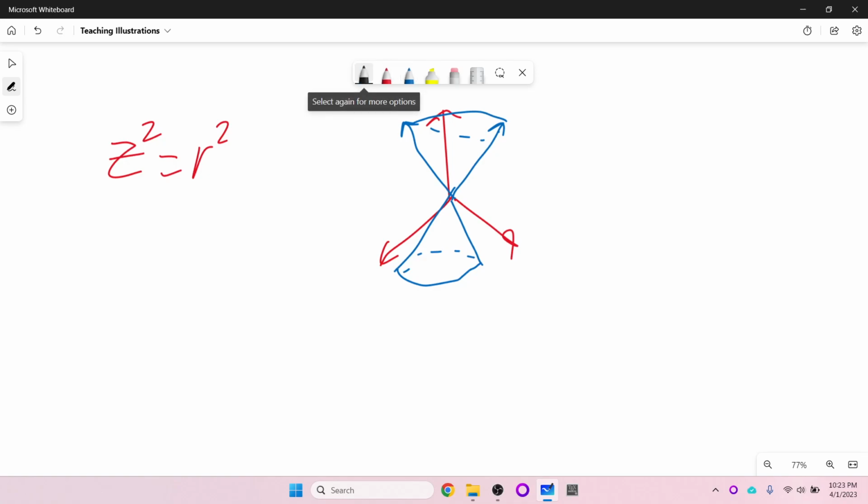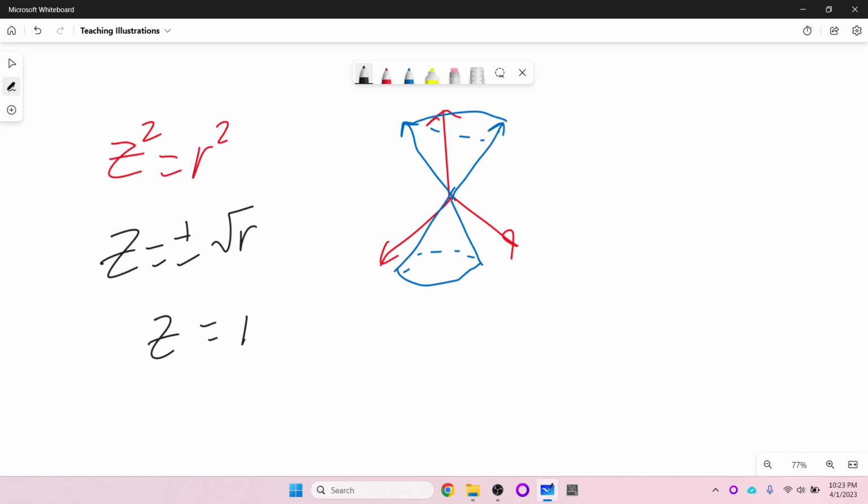But if I take the square roots on both sides, I have to add in a plus or minus to get both of them. If I just said z equals r, that means they have to be the same sign, and since r can only be positive, that would throw out the bottom one. I had a little confusion because they were both in the book and I didn't want to stop the video and look it up, but that's the explanation.